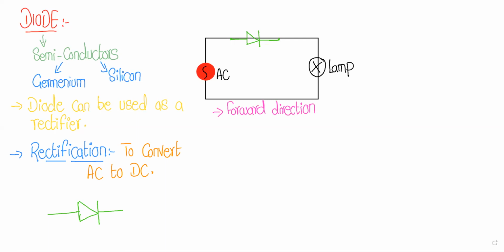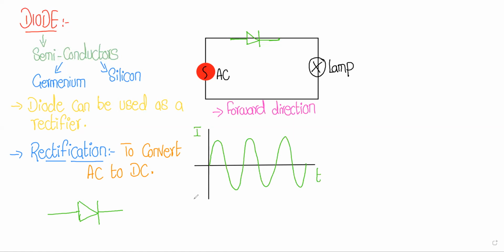We already know about the graph. Let's draw a graph for AC. The graph for AC will be like this. This is the direction of time, and this is the direction of electric current, both directions.